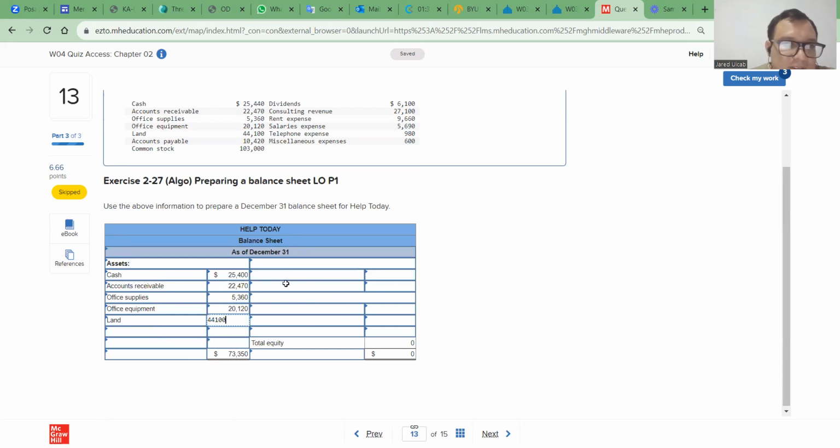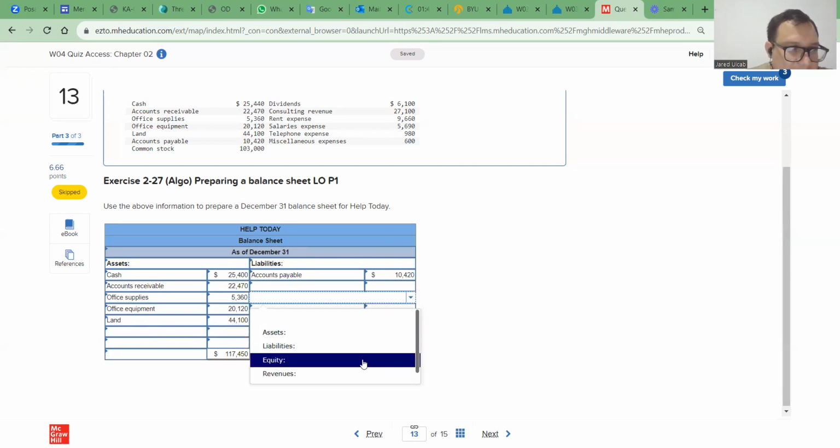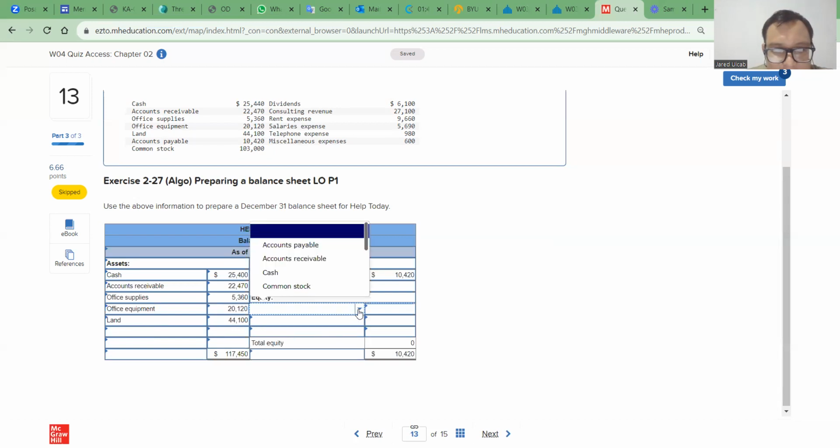And accounts payable is part of the liabilities. So under liabilities, we have accounts payable. And that's it. Now we have the equity, and we start with common stock.